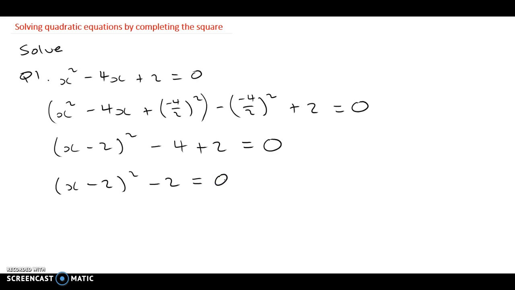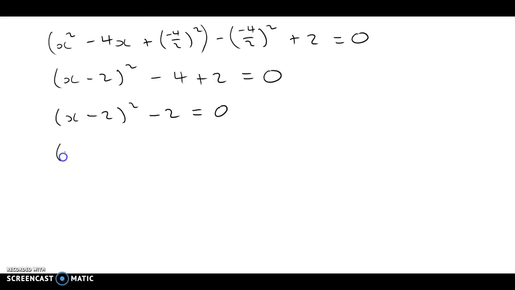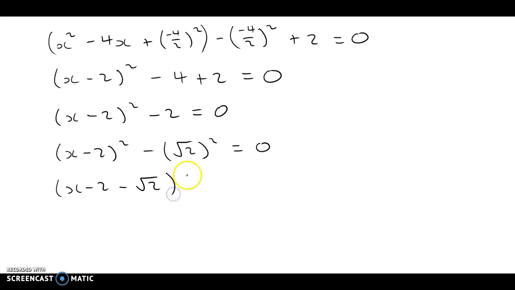Now you'll need to recall the difference of two squares identity here. So we've got x minus 2 squared minus root 2 squared equals 0. So x minus 2 minus root 2, or x minus 2 plus root 2 equals 0.